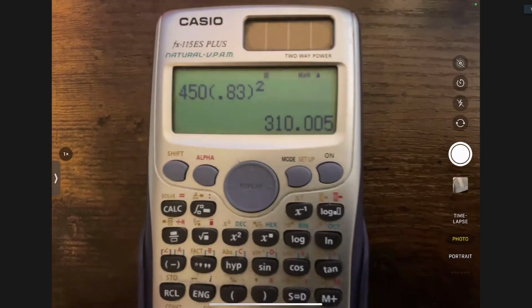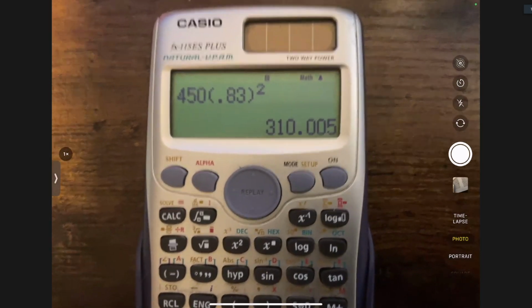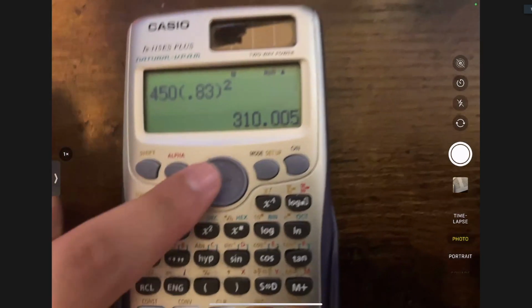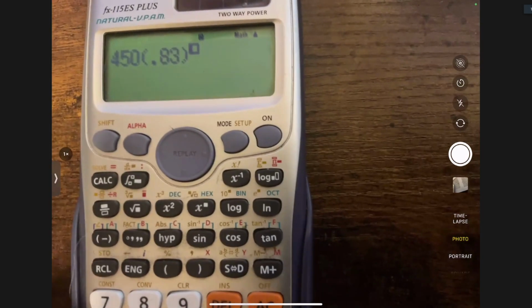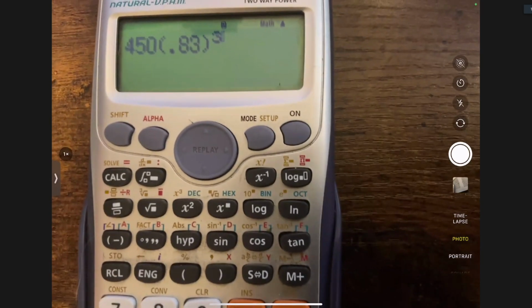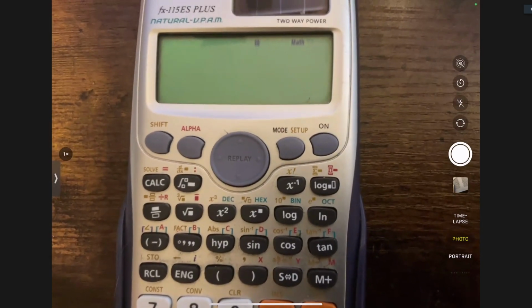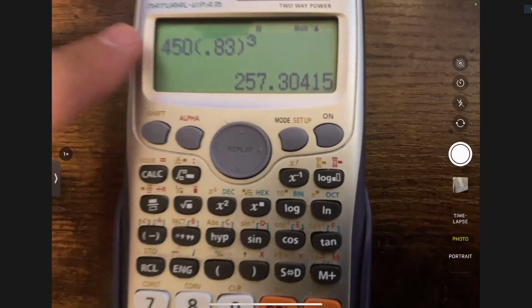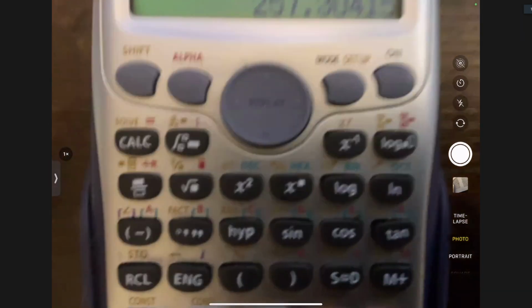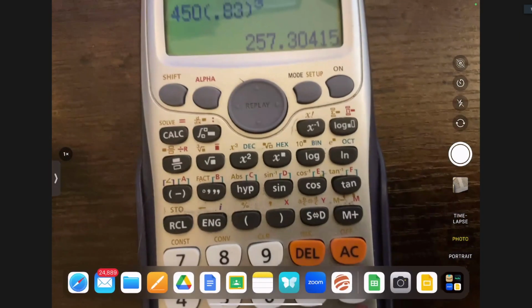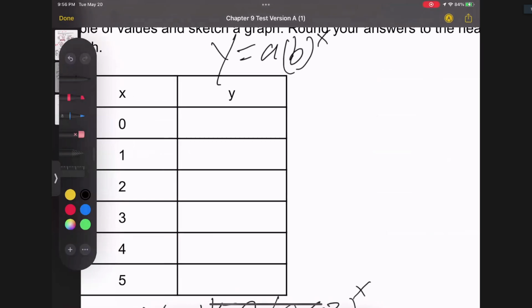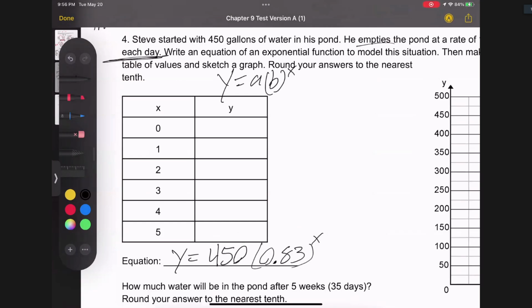Now, I'm going to write down all these answers on the side so I don't forget them. I'm just going to write these answers down one by one, and you can do it on your calculator one by one. So let me do the first one. The first one was actually the easiest one because it is your starting value. So that's going to be 450.